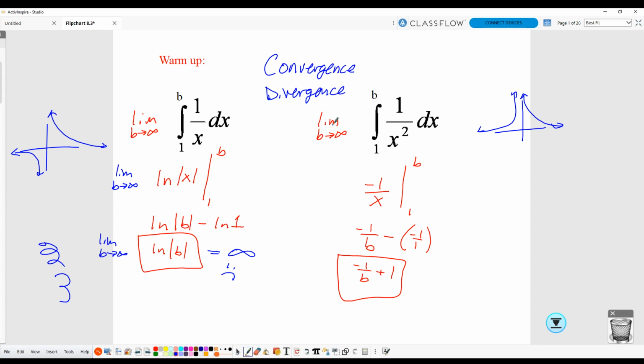Okay, well, let's check this side. One. -1 over infinity. So evidently the area under this curve diverged and was crazy. And the area under this one was all well and good and came out to 1.